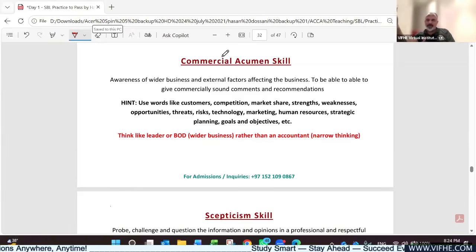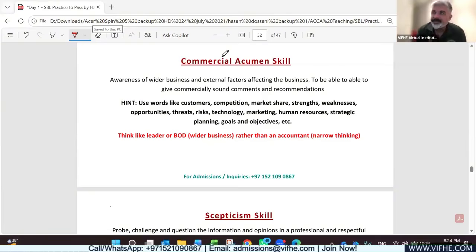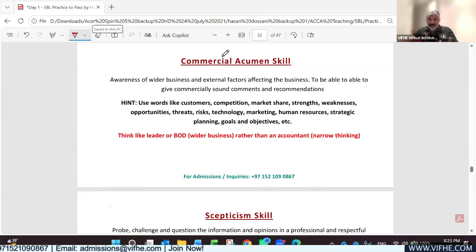Reputational loss, loss of customers, legal fines and penalties. And this is commercial acumen. Operational disruption, Samreen, very good. Loss of confidential data, loss of market share. Enough.